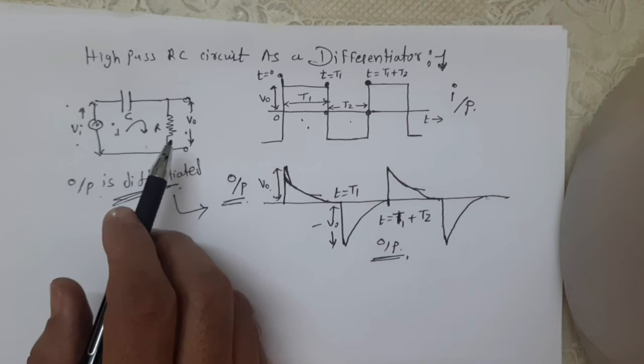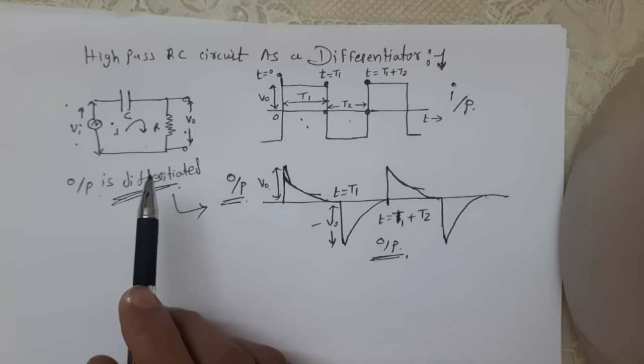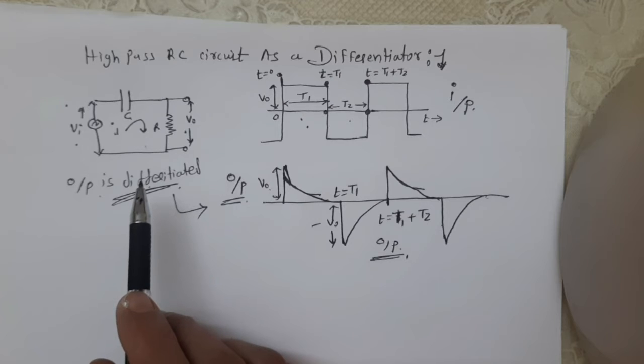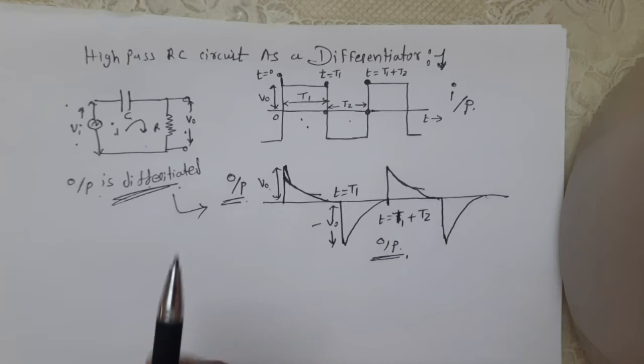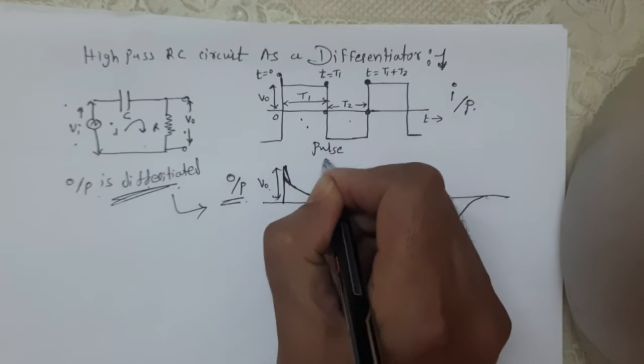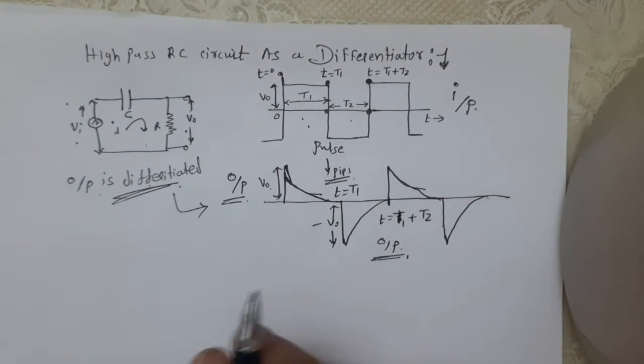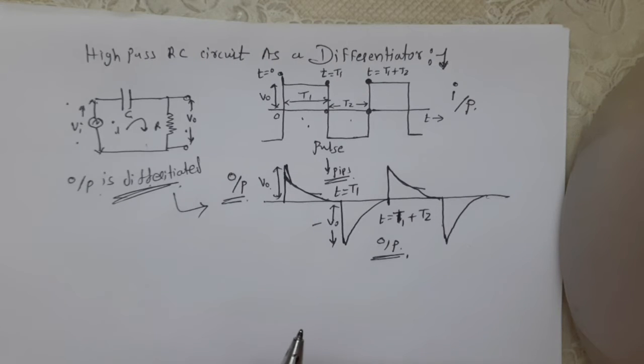In which condition? First of all, the first figure shows the high pass RC circuit. As already mentioned, the process of converting a pulse into pips, by means of a circuit of short time constant, is known as differentiating.